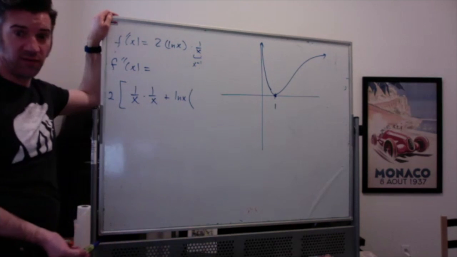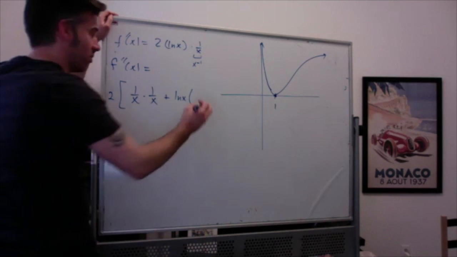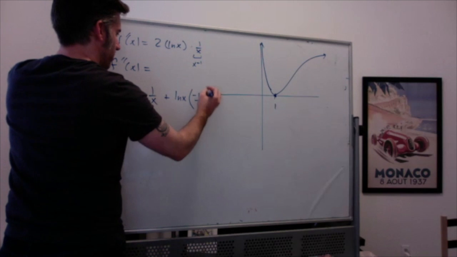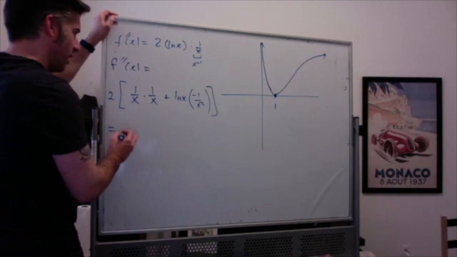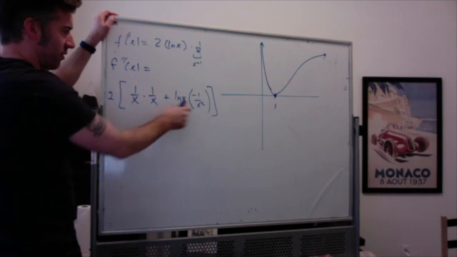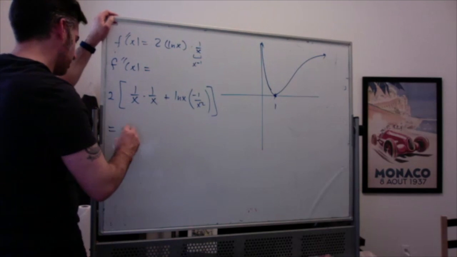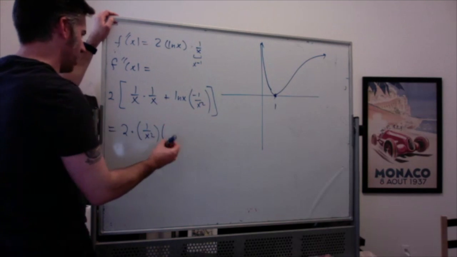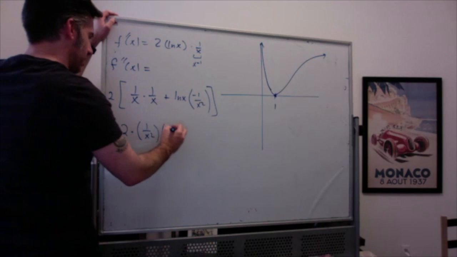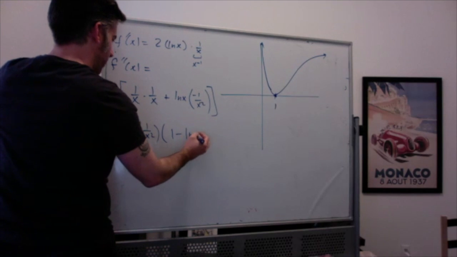The derivative of x to the negative first is negative 1 times x to the negative second, or negative 1 over x squared. All right. And I see that I can factor out a 1 over x squared from each of these pieces. This is 2 times 1 over x squared times 1 minus the natural log of x.